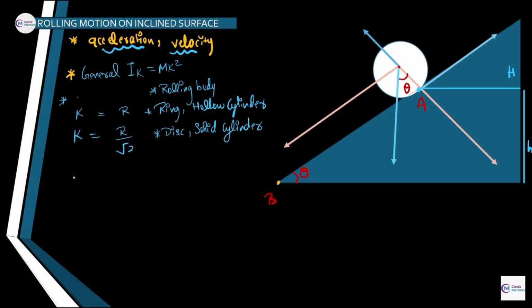Now, if the k value is under root 2 upon 3 r, then it means it is a hollow sphere. And if the k value is equal to under root 2 upon 5 r, then it is a solid sphere.